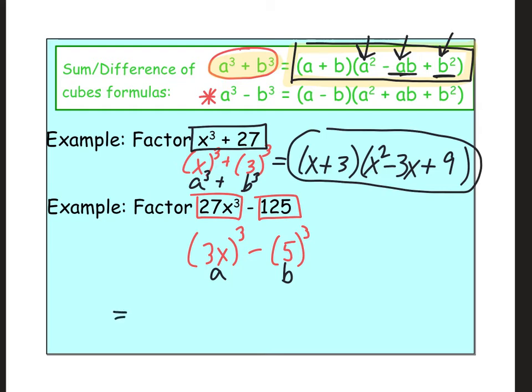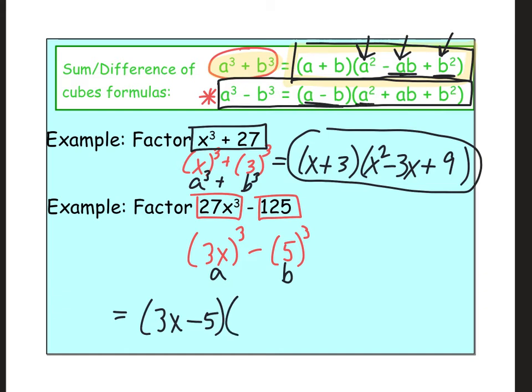Okay, so all I'm going to do now is I need to know the formula. Okay, and this is the formula for the difference of perfect cubes, and we'll talk about a way to kind of remember this in a second. But it's a cubed minus b cubed, so the formula says it's going to be, I'm just looking right here, a minus b, so 3x minus 5.